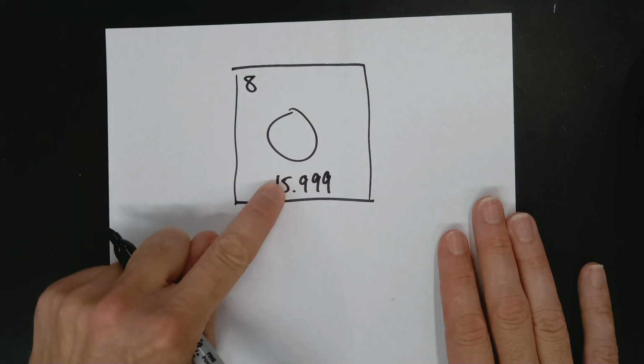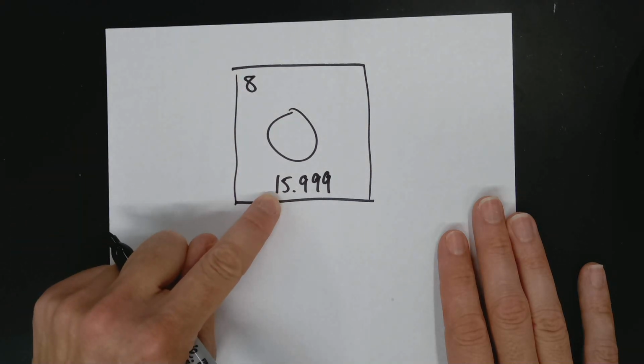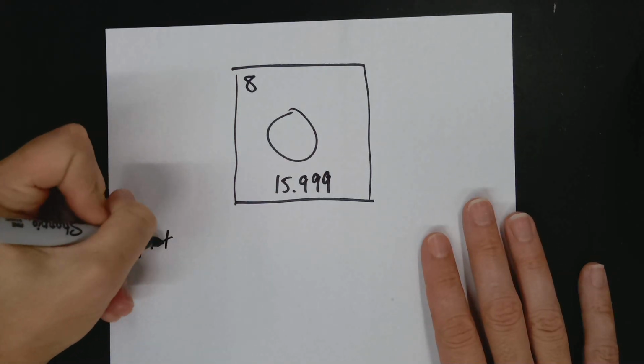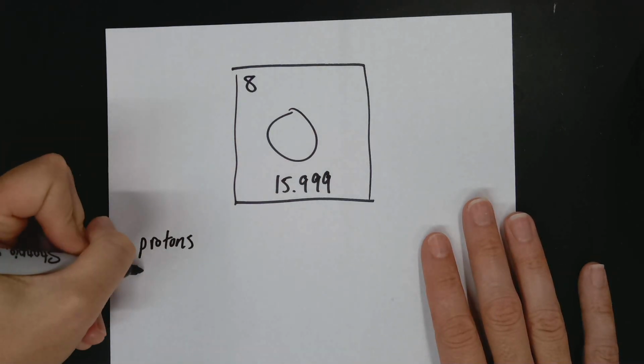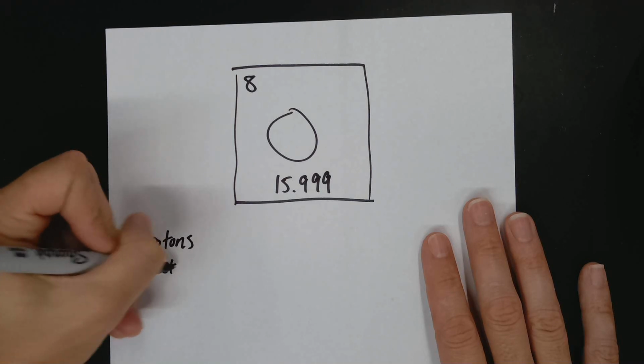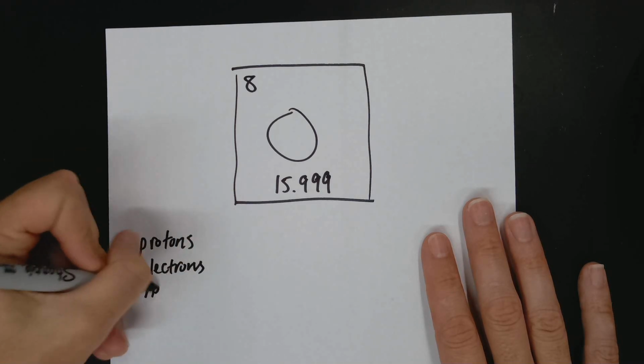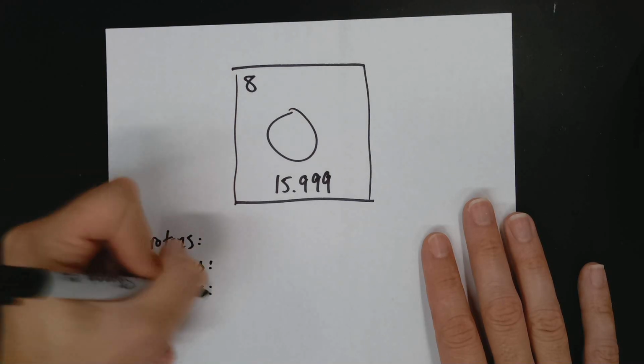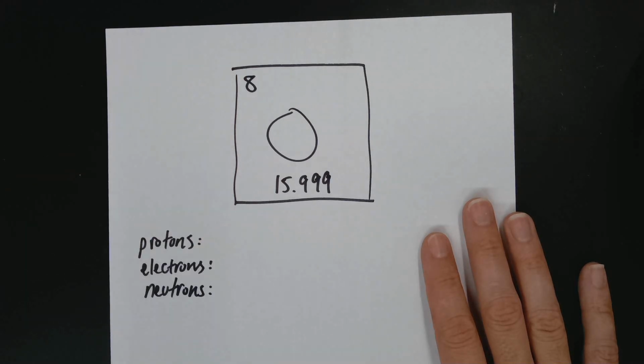And the atomic mass is 15.999. So if I were to ask you how many protons, electrons, and neutrons does a neutral oxygen atom have? Just based on the periodic table, you can answer all those questions.